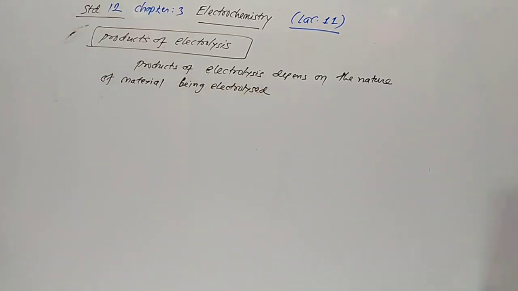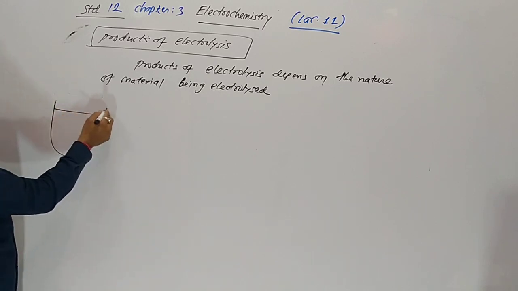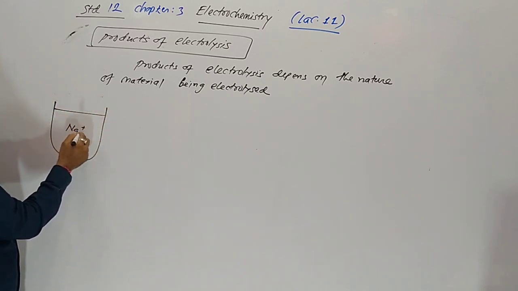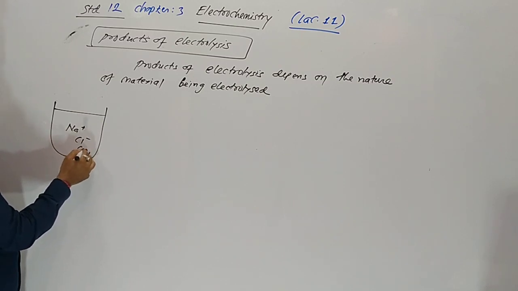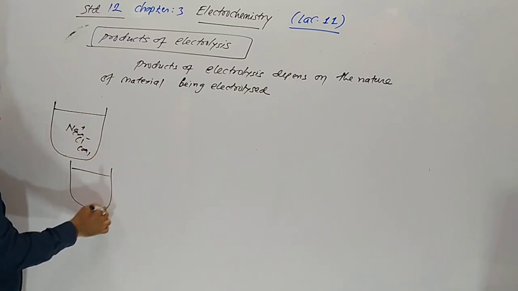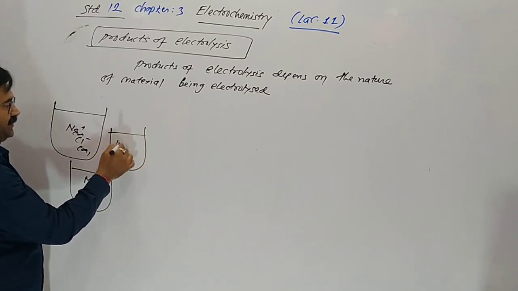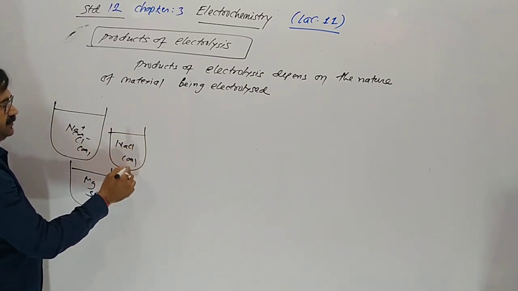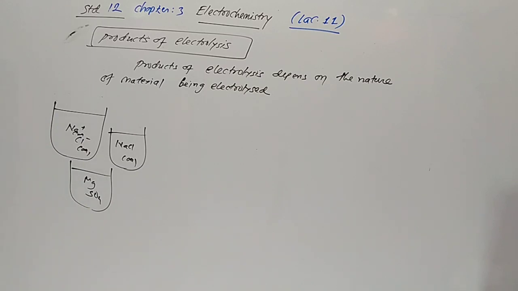It means we are taking aqueous NaCl, or we are taking magnesium sulfate, or an aqueous solution of NaCl. Which type of material is taken for electrolysis? The product depends upon it.